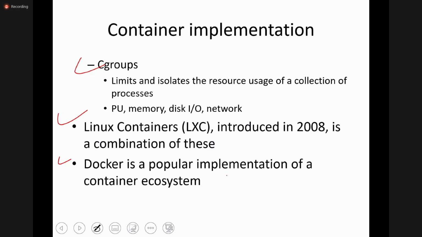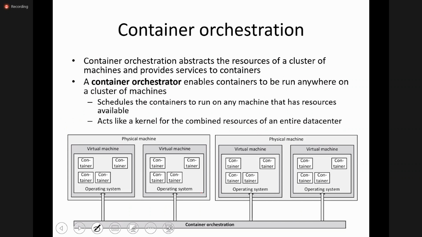Docker is a popular implementation of a container ecosystem, and there are a lot of YouTube sketches explaining Docker and how it works. Container orchestration abstracts the resources of a cluster of machines and provides services to containers. A container orchestrator enables containers to be run anywhere on a cluster of machines.